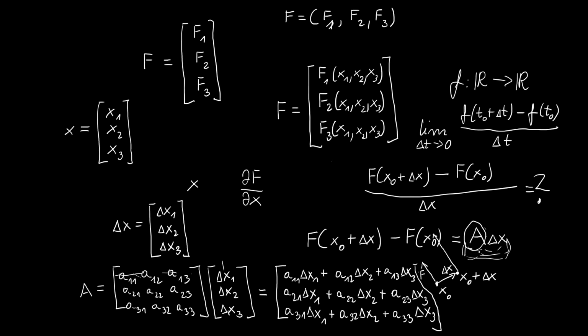So this is the concept of derivative of a multi-value function, which has a multi-value argument. Now, if we know that the derivative of the force field is a 3 by 3 matrix, we can ask a question: what exactly are the elements of this matrix?